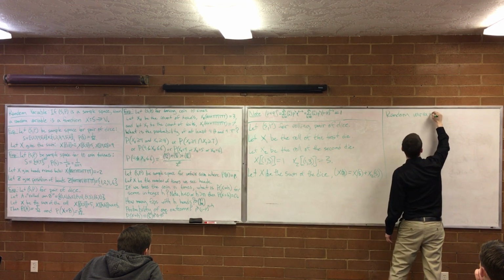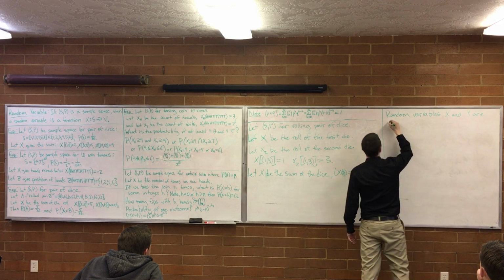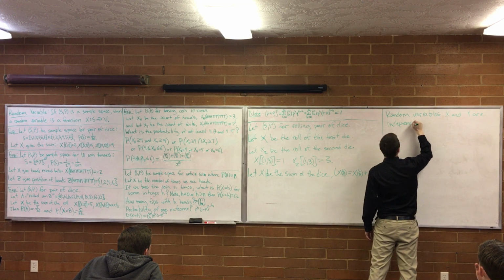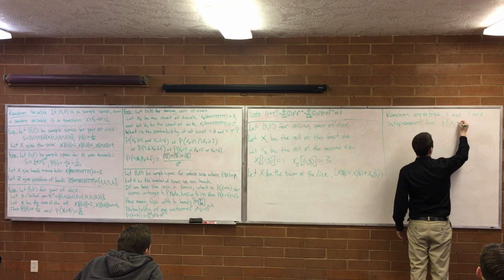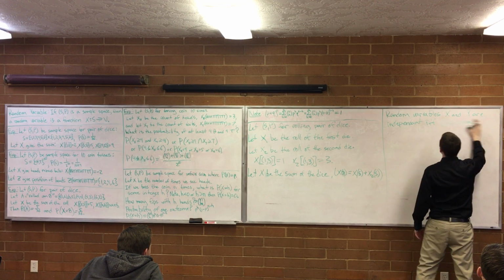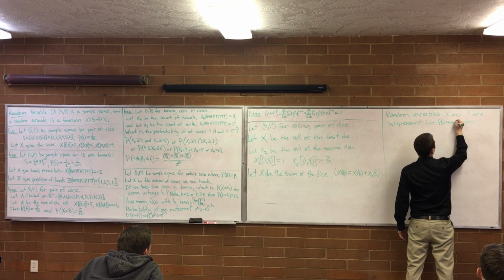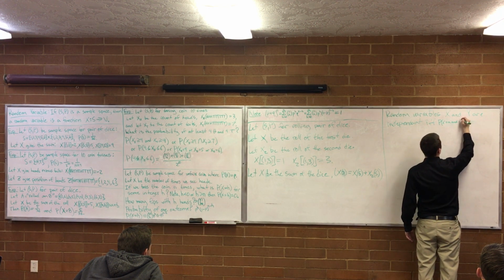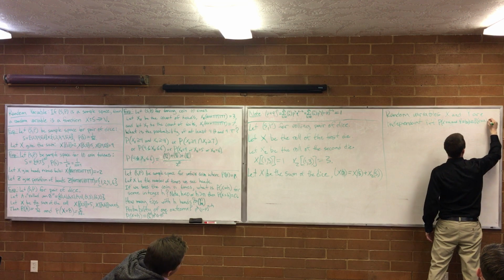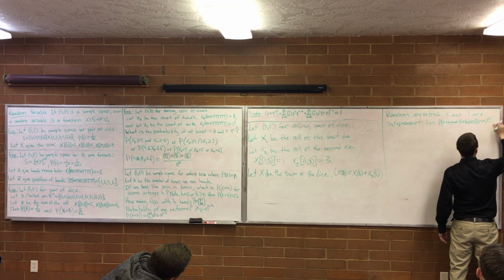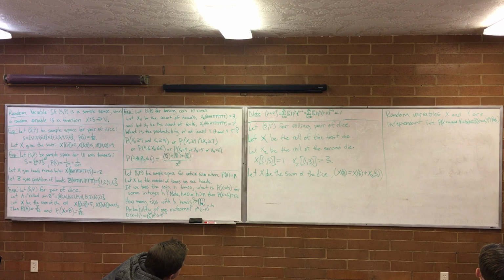Random variables X and Y are independent if and only if the probability of X equal to A and Y equal to B is equal to the probability of X equal to A times the probability of Y equal to B. Very similar to what we had for independent events, right?